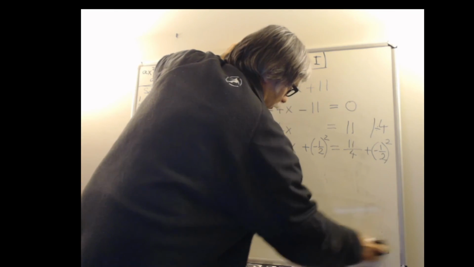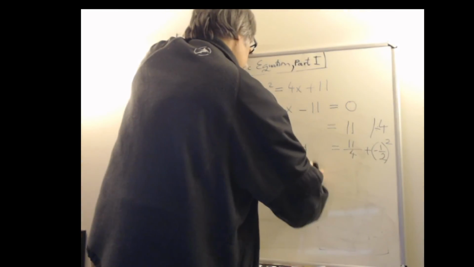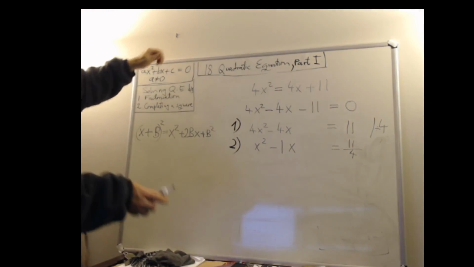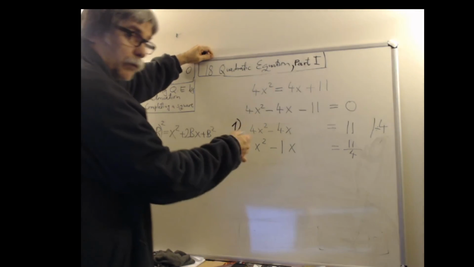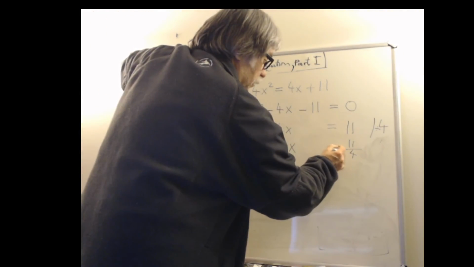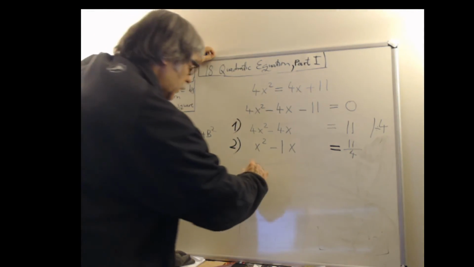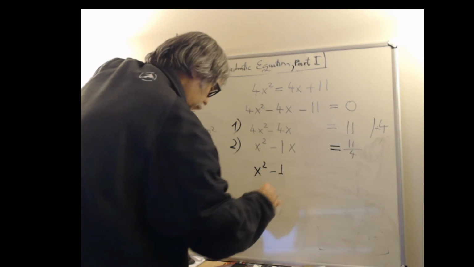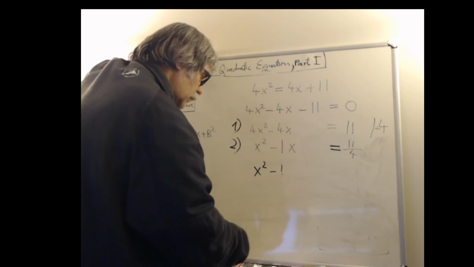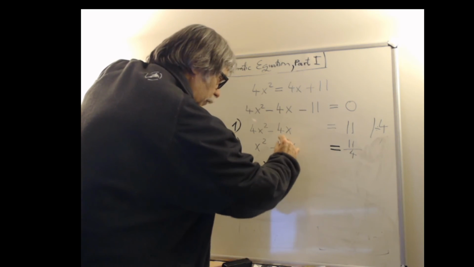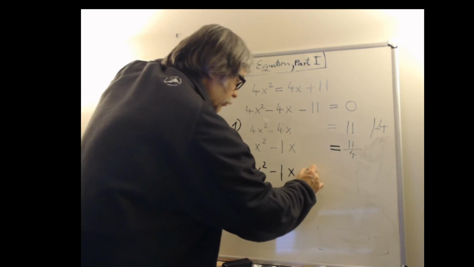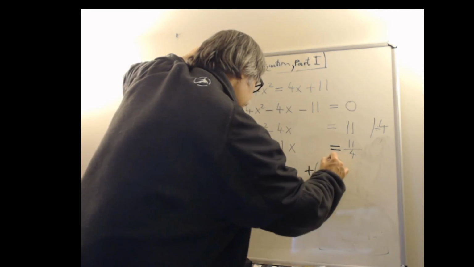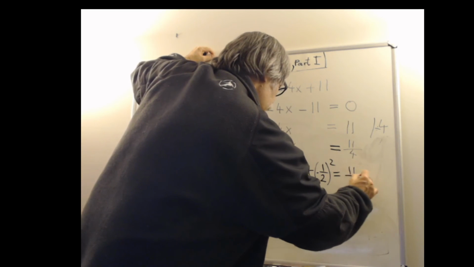The third thing you need to do is to complete the square. I did it in the same line here, but we're going to do the next line here. So you got this guy. You take the half of this number here, which is 1/2, and you add that as a square to both sides.